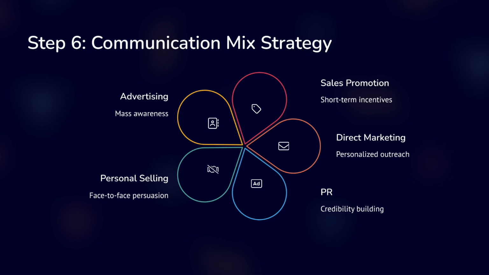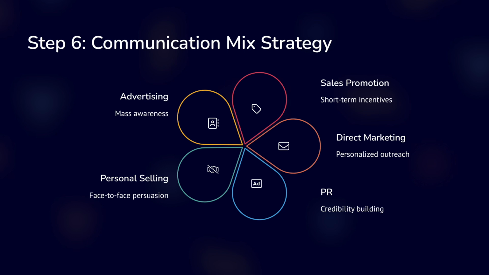Companies frequently use a combination of one or many of these instruments to create a comprehensive communication bundle tailored to their specific needs. It's crucial to recognize that every communication tool has its own distinct attributes and associated costs.